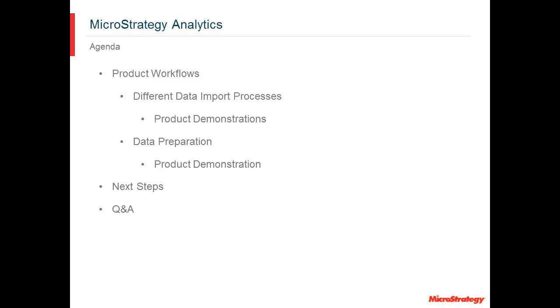The idea is also to give you a quick demo showing how these features and capabilities work within the product. So we're going to show you a couple of demos that I have prepared for you, so you can see these new data sources and also the data grounding functionality in MicroStrategy. And at the very end of this webcast, I want to give you some next steps or takeaways, so you can start implementing self-service.